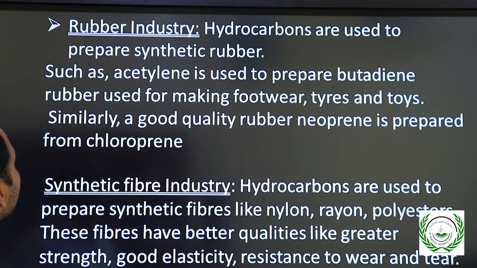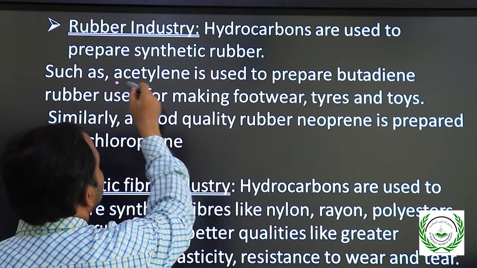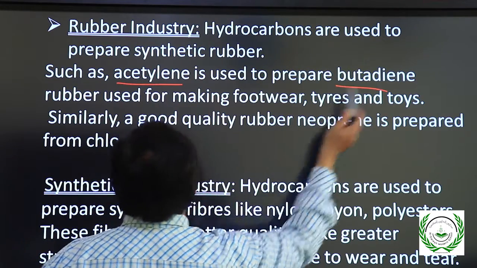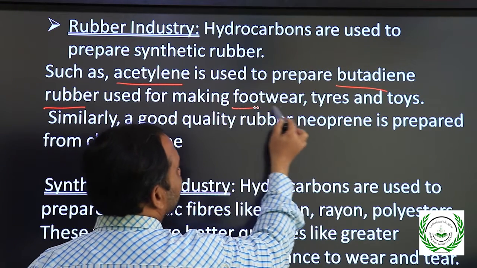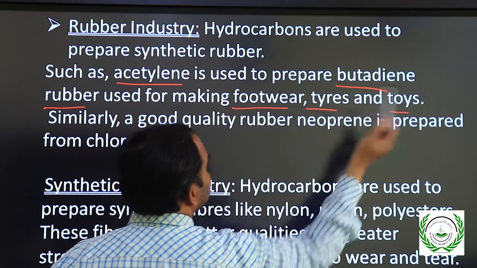Next, the rubber industry. Some hydrocarbons are also used in the preparation of synthetic, artificial rubber, not natural rubber. Acetylene is used to prepare butadiene rubber, which is used for footwear, slippers, tires, toys.